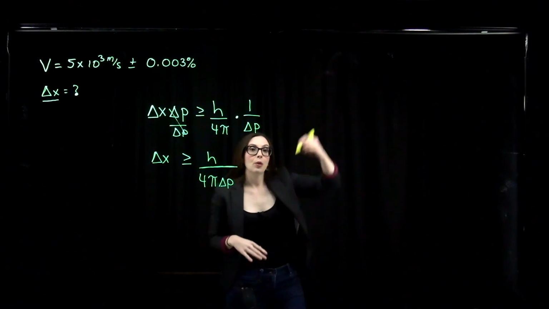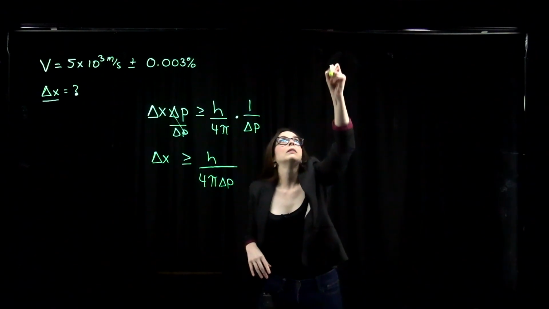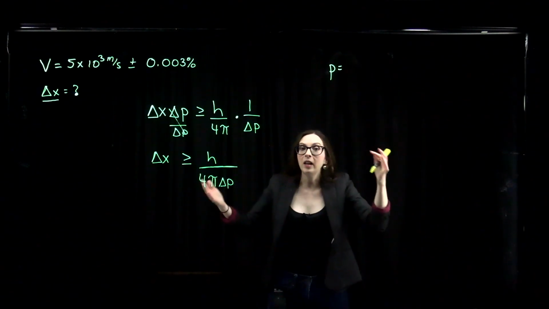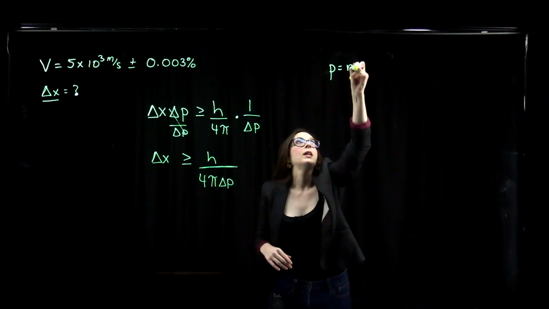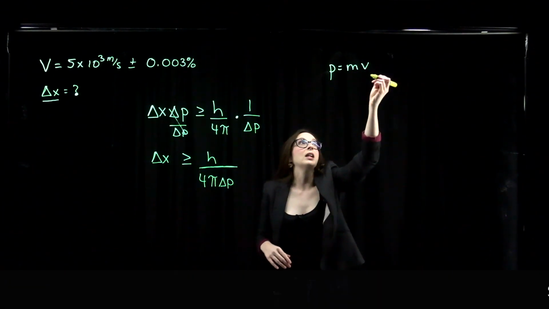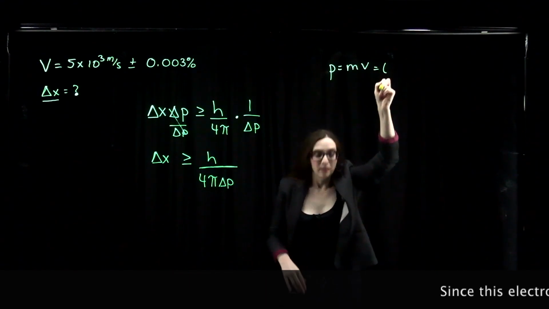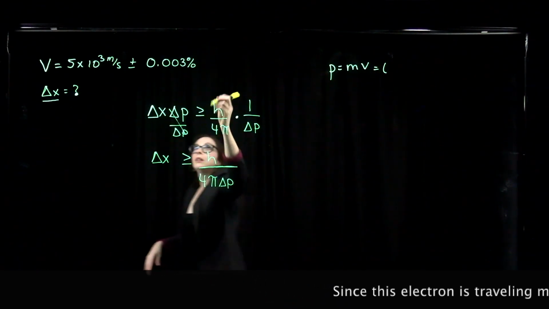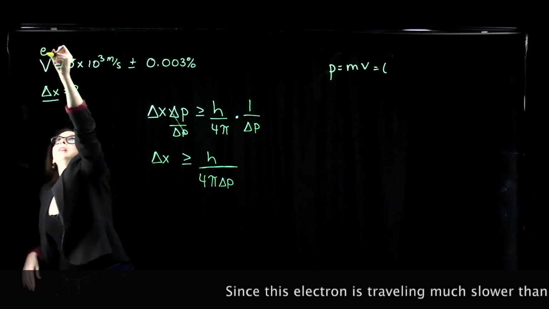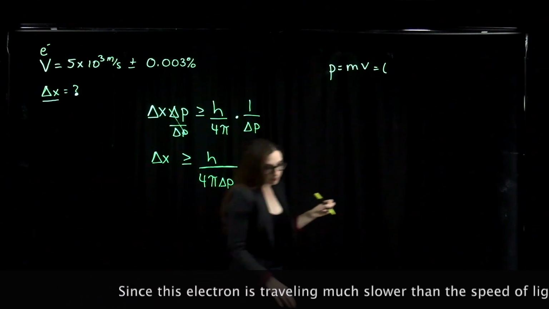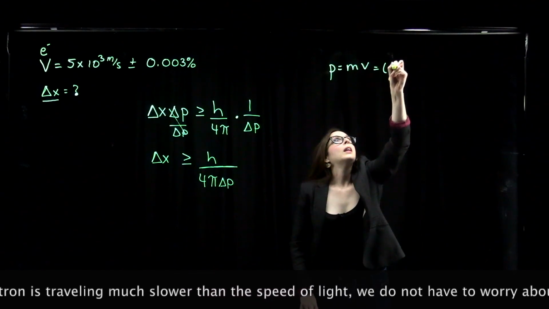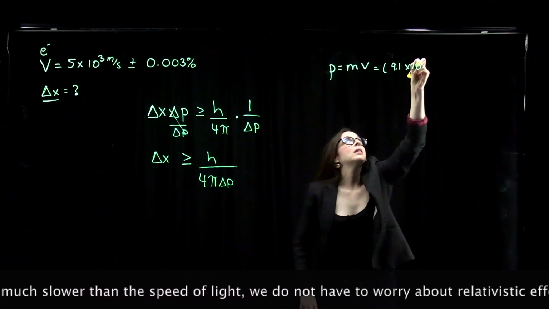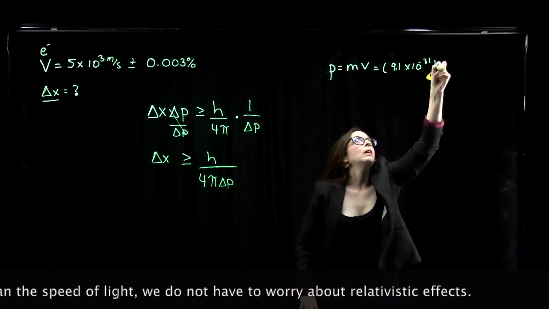All right, so the momentum of my particle, this is an electron, it has mass, so I can use that the momentum is equal to its mass times its velocity. So that's going to equal the mass of my electron. To remind ourselves that we're dealing with an electron here, the mass of the electron is 9.1 times 10 to the minus 31 kilogram.